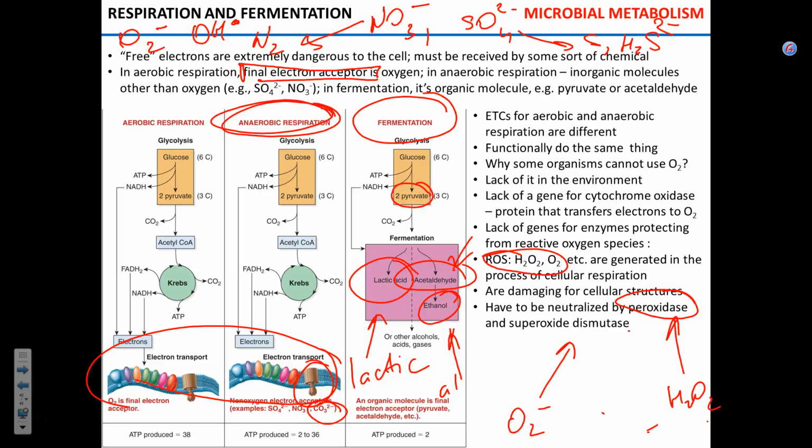Does that make sense? In some cases, microbes simply do not have the gene that transfers electrons from the electron transport chain to oxygen. There's no gene for it, the gene for the enzyme called cytochrome oxidase.